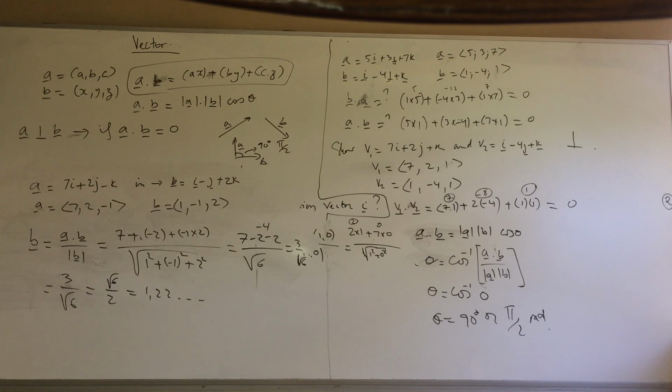You know how to find the angle, and you know how to find the component of a vector A in the direction of a vector B. Also, if they ask you to prove or to determine whether A and B are perpendicular, A and B are perpendicular if and only if the vector A dot vector B gives you 0.